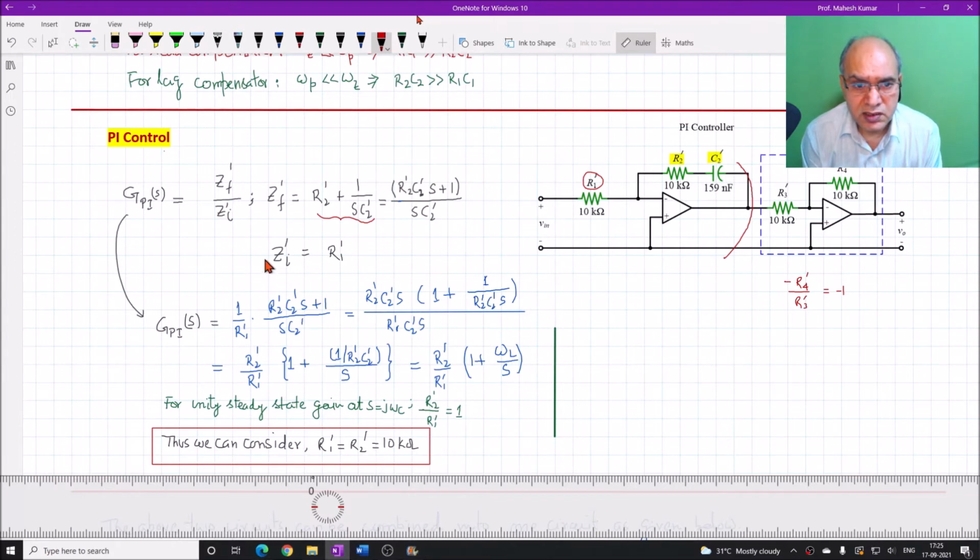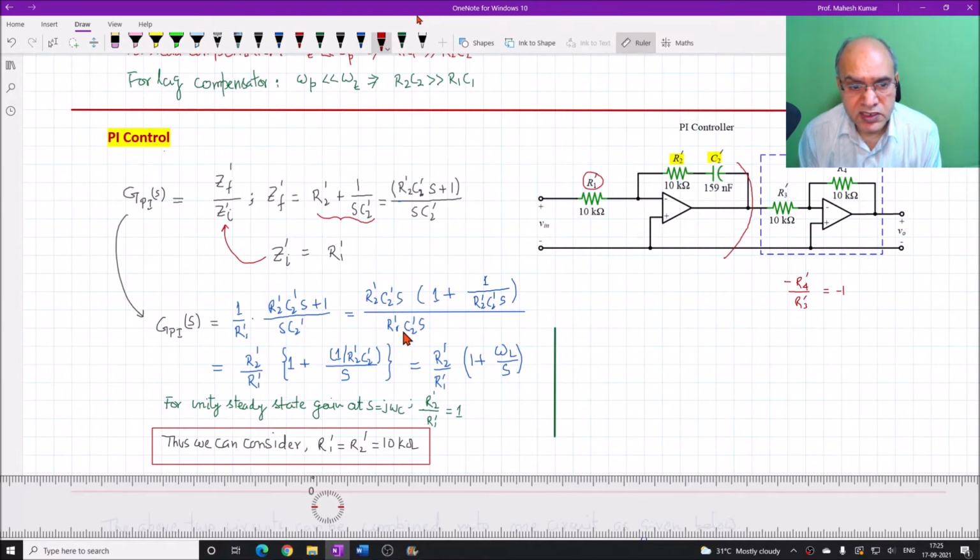Substituting this value in the transfer function, or the gain of this PI, we will get Gp is 1 by R1 dash into R2 dash C2 dash S plus 1 by S C2 dash.